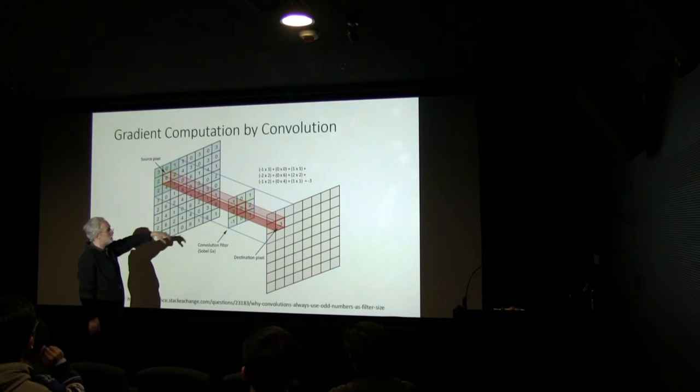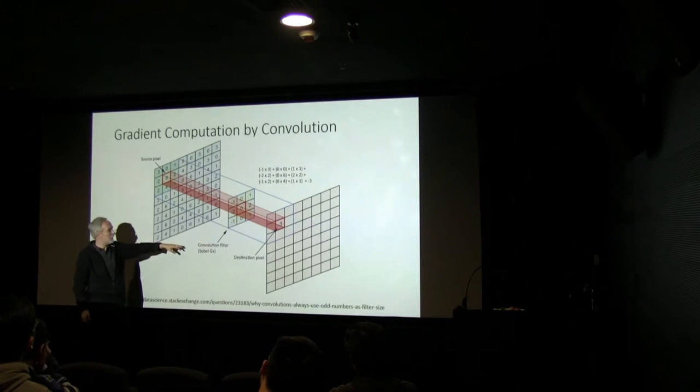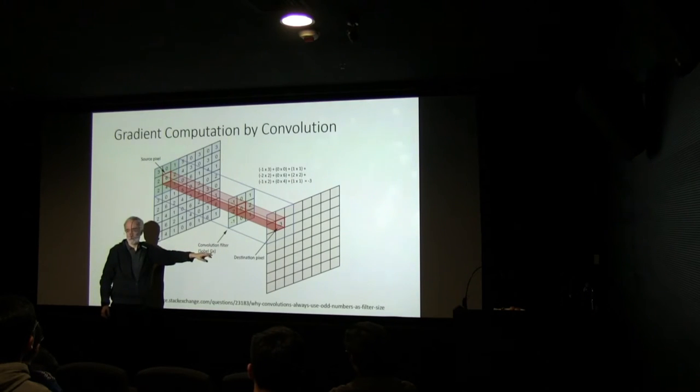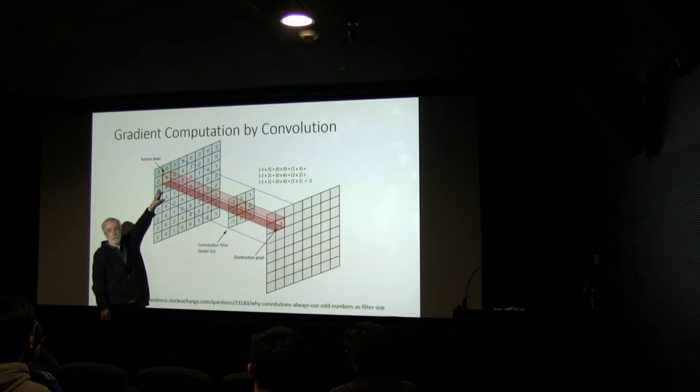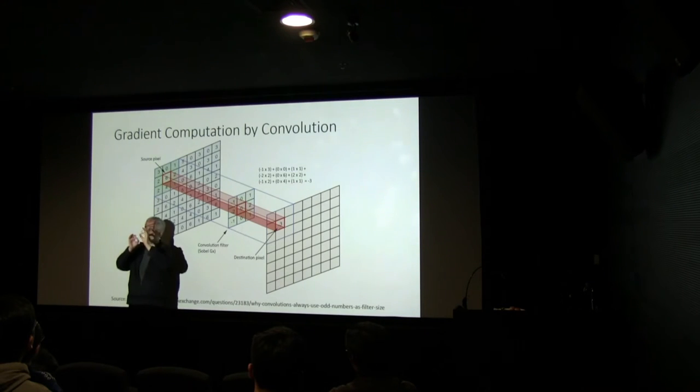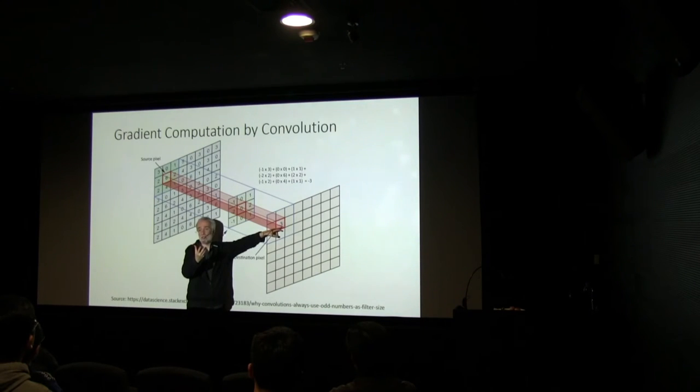Now, this kind of kernel is a very special kernel that we often use in image processing. It's called Sobel. So this is the X kernel. What does it do? It looks at this image, and if this pixel is a pixel with very high gradient, it will produce a number with a high absolute value here.